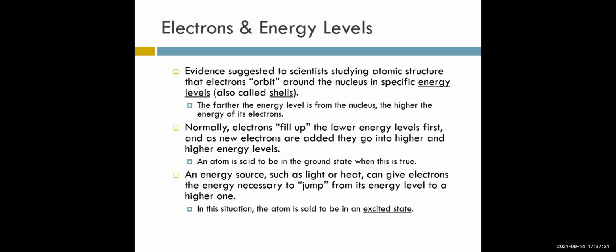And when one or more electrons are further away from the nucleus than they normally would be, we say that the atom is in an excited state. Again, this is all models. The reality of the situation is much more involved than this.